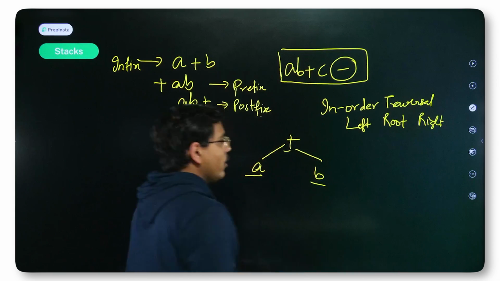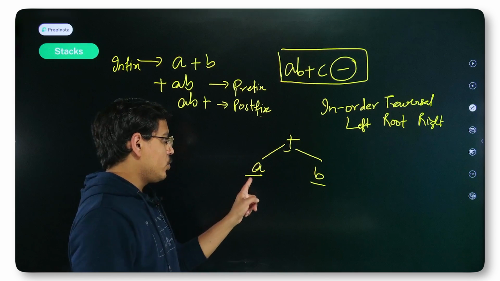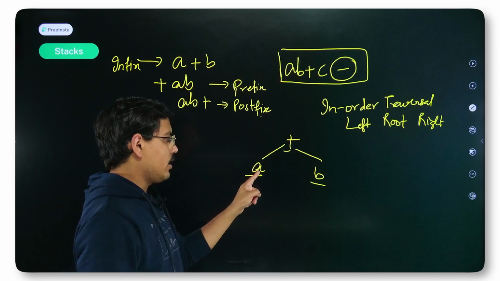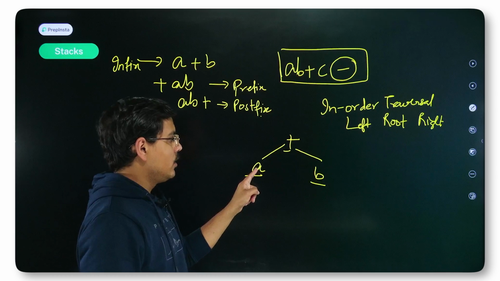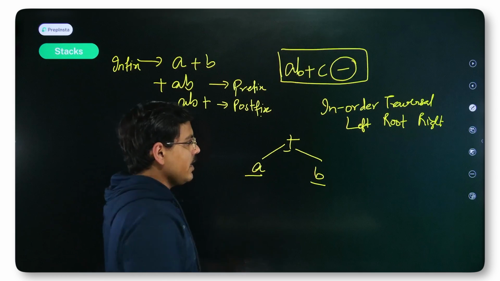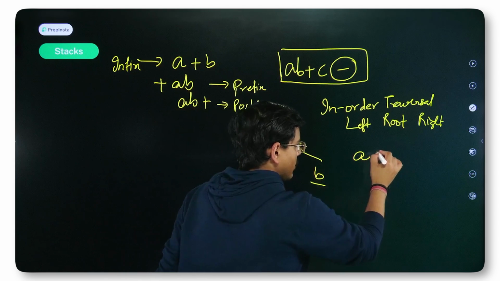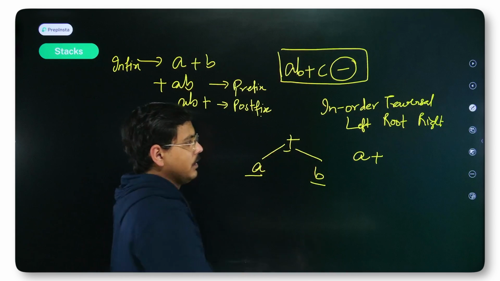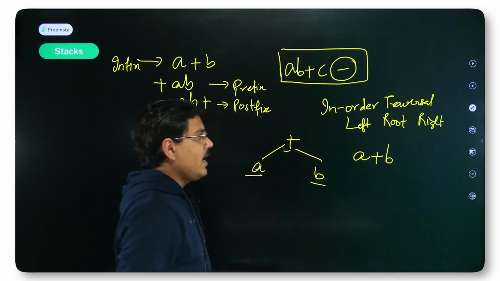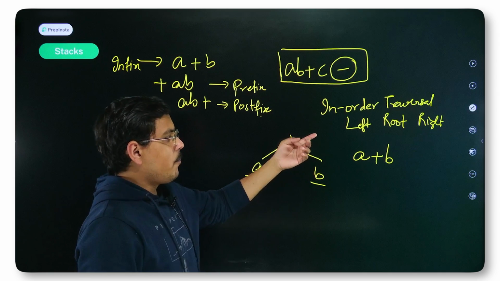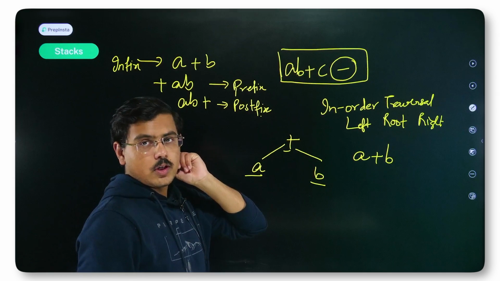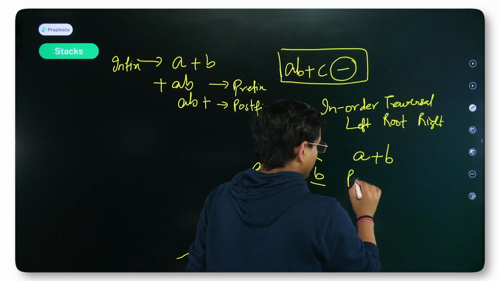So if I go by this, first I traverse the left node or left subtree, it is A, then root plus, and then B. Fine. If I traverse it in post order, fine. What is post order? I'll write.